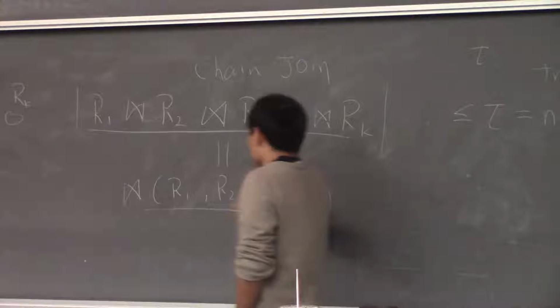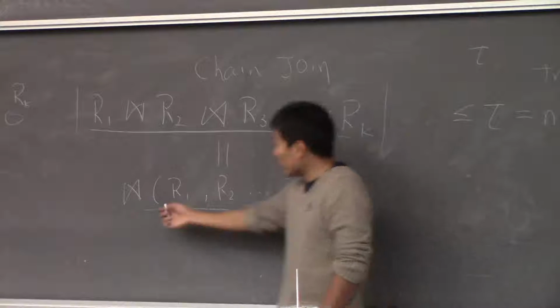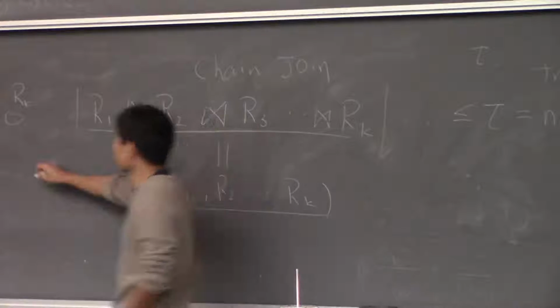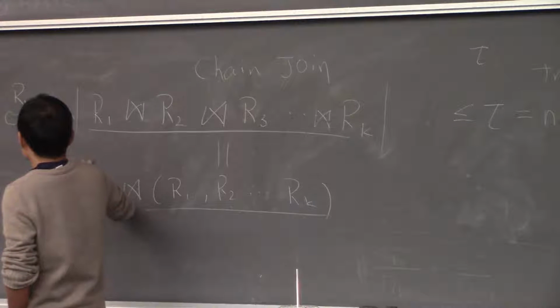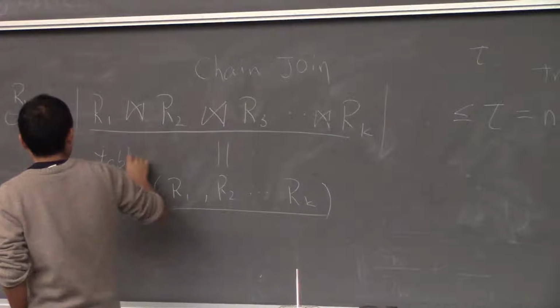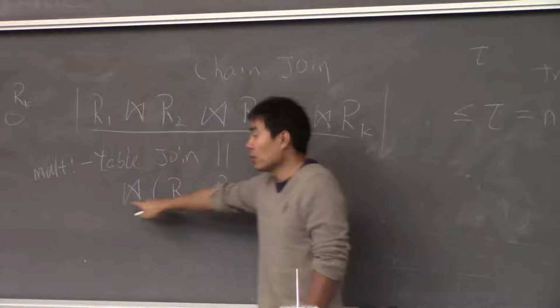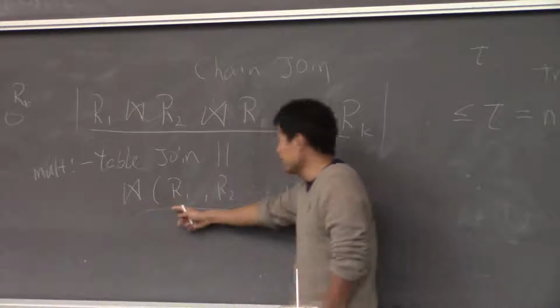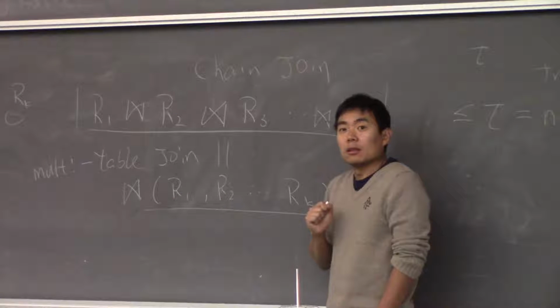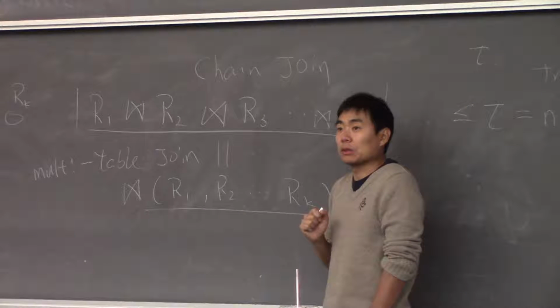What do I mean by this? This basically means you want to form a joint, a multi-table joint, using natural joint and these relations.